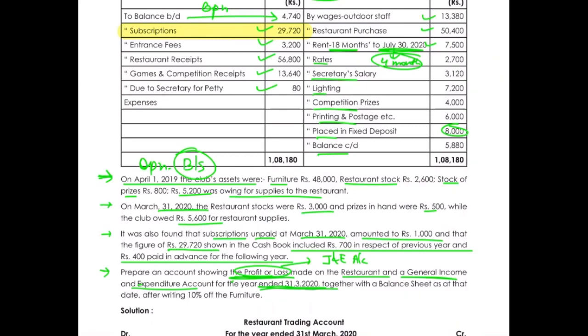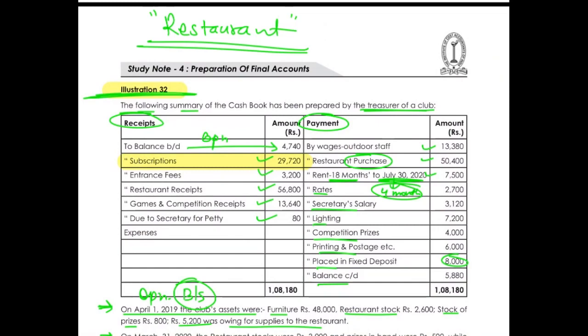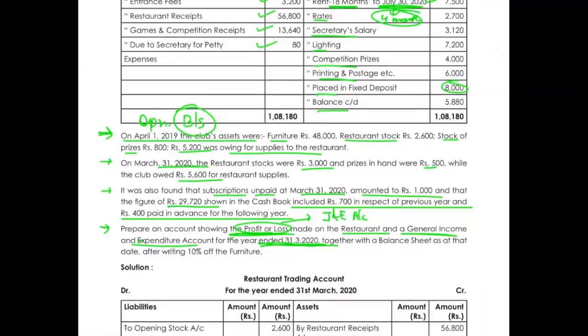So, how to start this type of question? Obviously, you need to understand what type of business they are doing. This is a restaurant business. So, they have some stock of your restaurant assets. You have restaurant purchases, you have restaurant stock in the opening, you have restaurant stock in the closing.